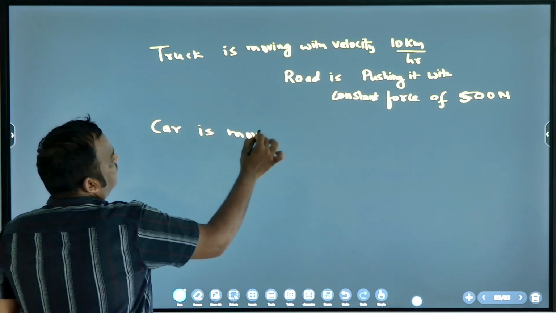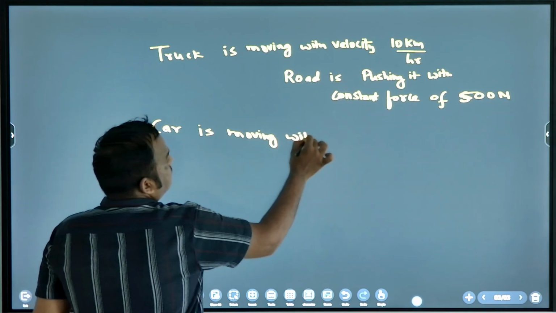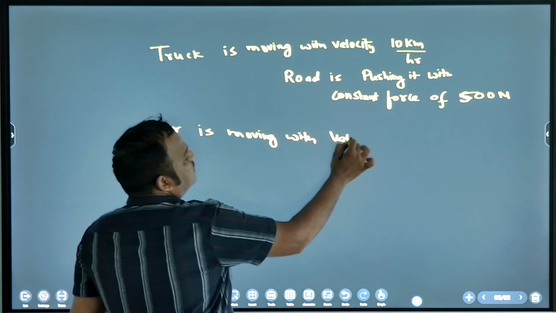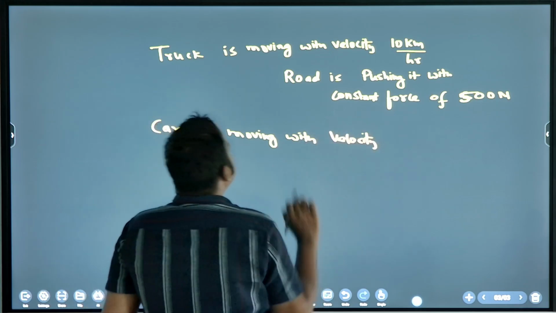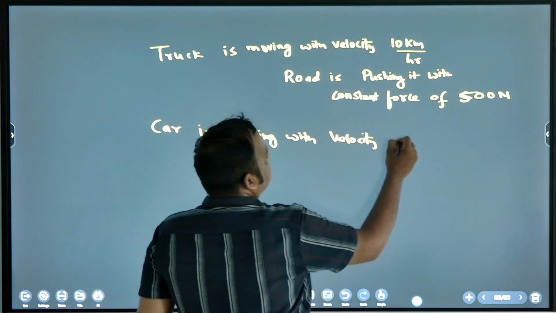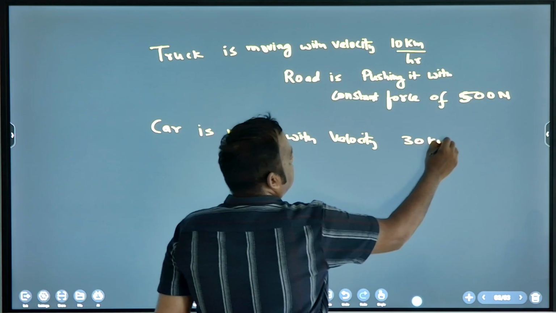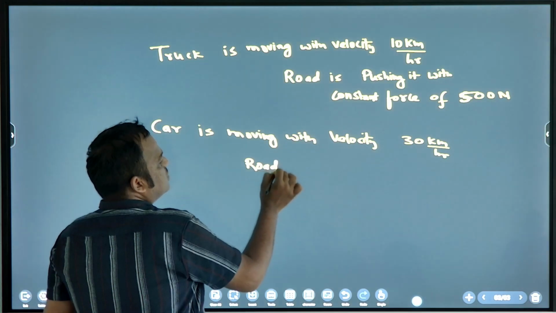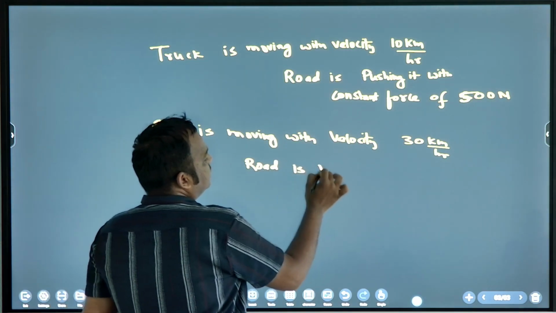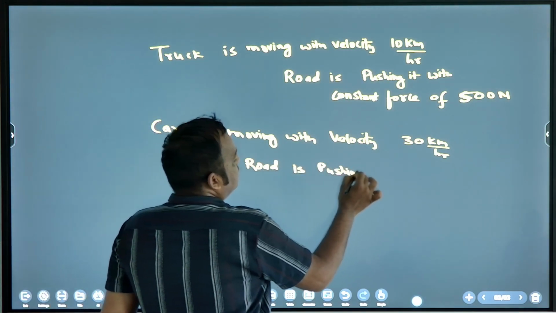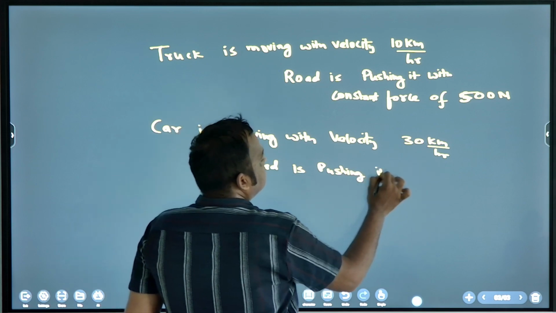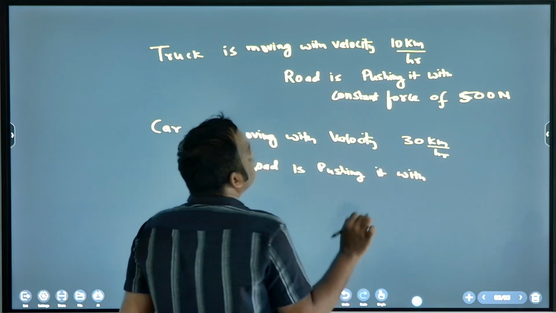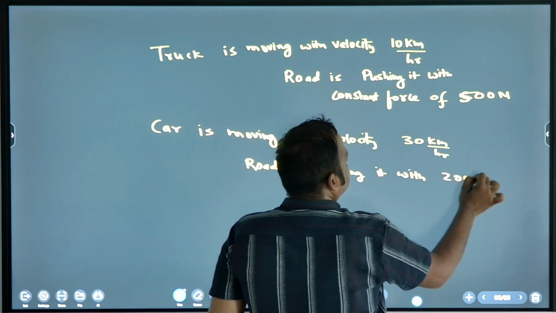Now next line, you write down car. The car is moving with velocity, say, 30 kilometer per hour. Now the car is generally faster. So it is constant. Okay. The road is pushing it with 200 Newton.